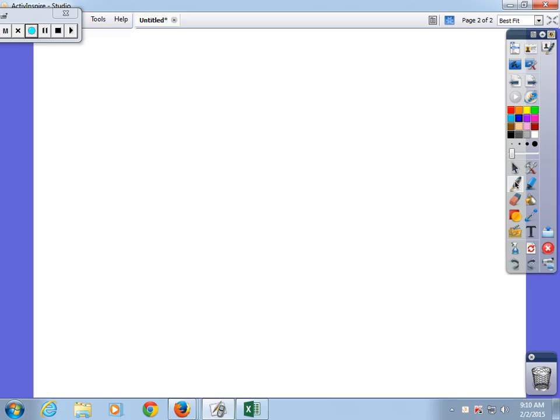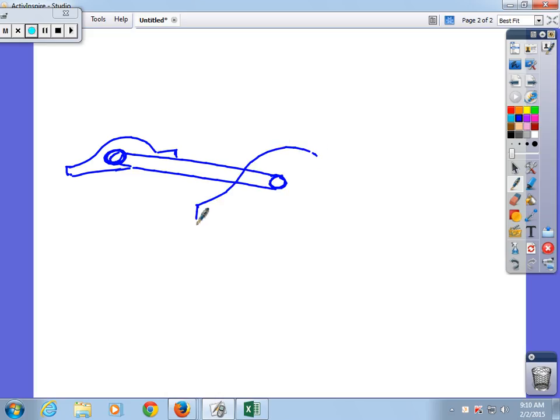All right? There's a bearing and a shaft. Here's the shaft. And on each end, there is a bearing. Now somebody tell me what the bearing is for.